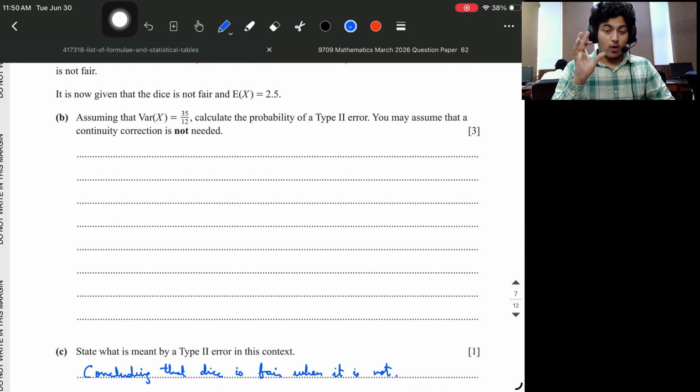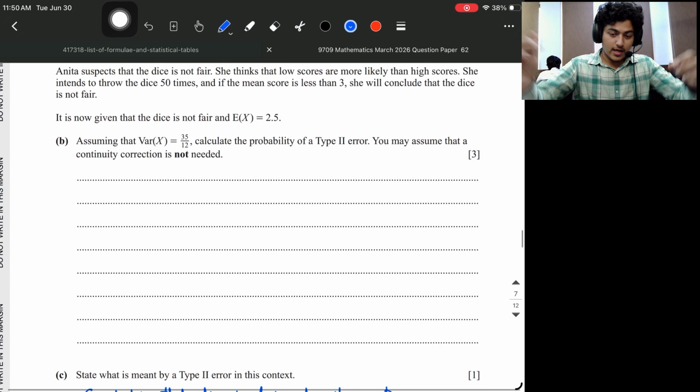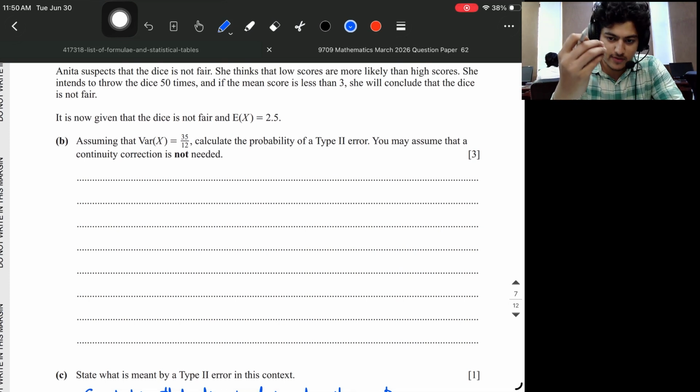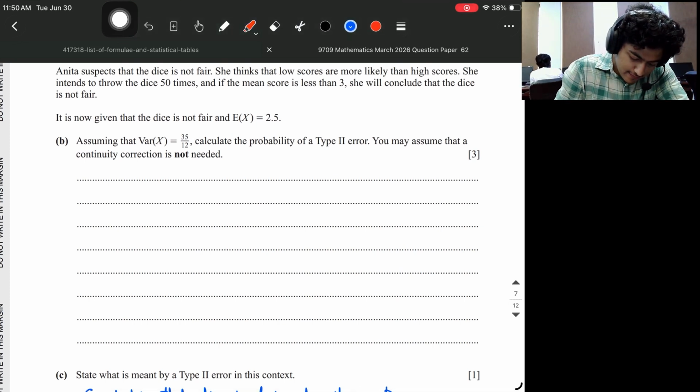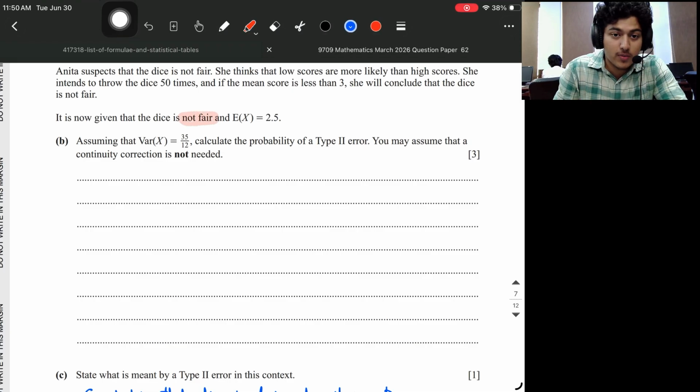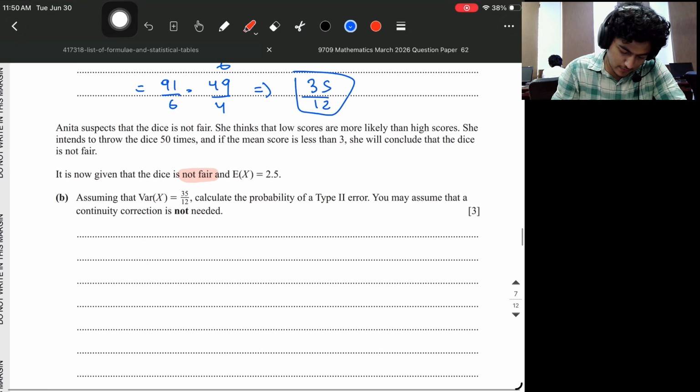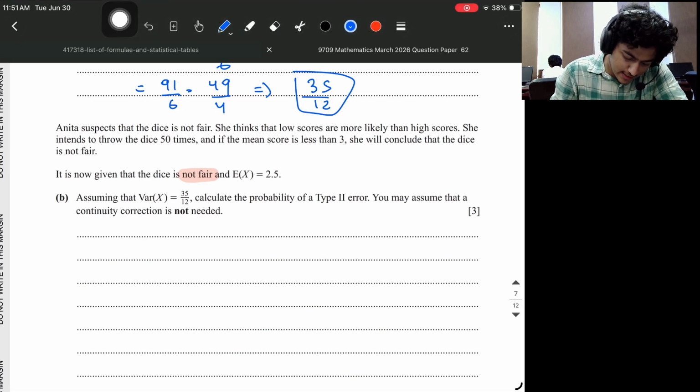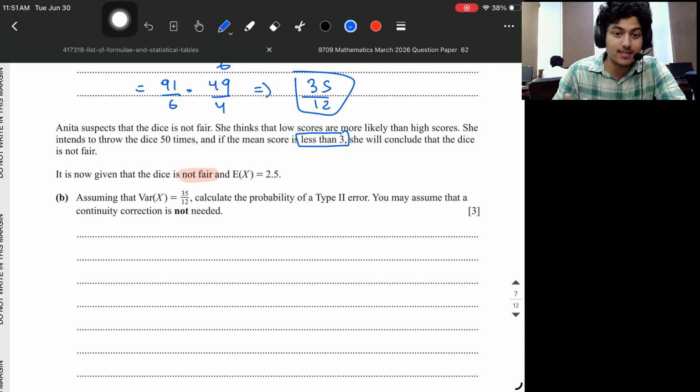All right, now always remember here that whatever the true value we feel like, since they've already given us the final assumption, which is that the dice is not fair, that is what we'll be comparing our value against, right? So she says here, if the mean score is less than 3, she will conclude that the dice is not fair.